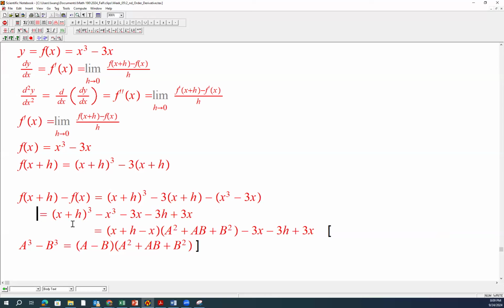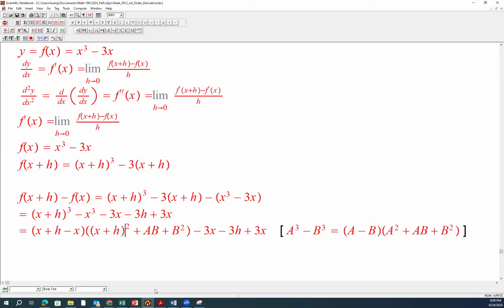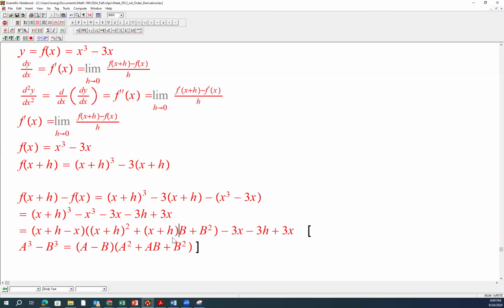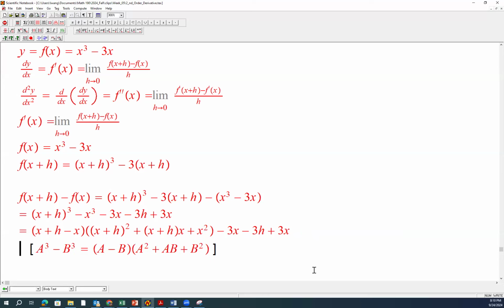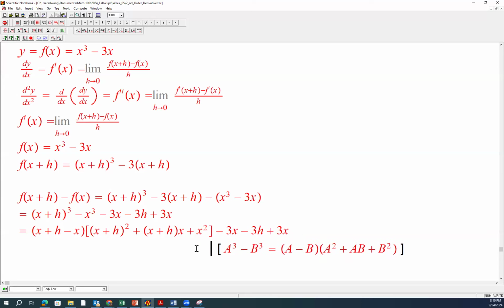Okay, so let me make some more space for ourselves. So a squared, obviously, a is x plus h, right? A is x plus h. B is x. And b is x, right? So we apply the formula. Okay, you can do this on scratch paper, really, if you have any doubt, okay?